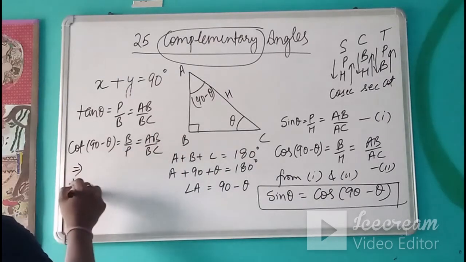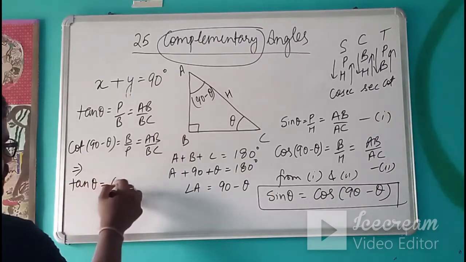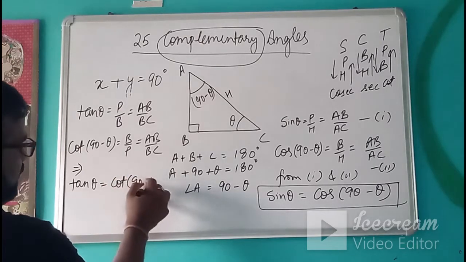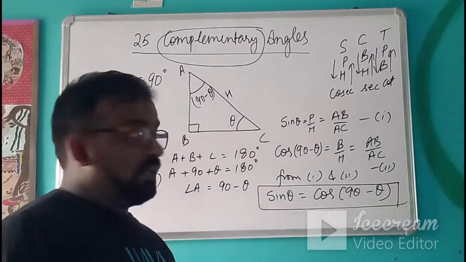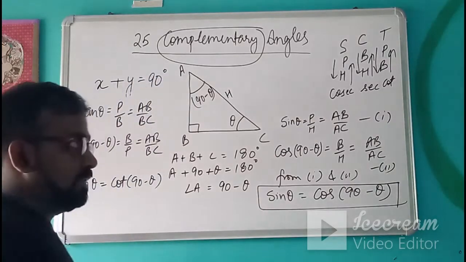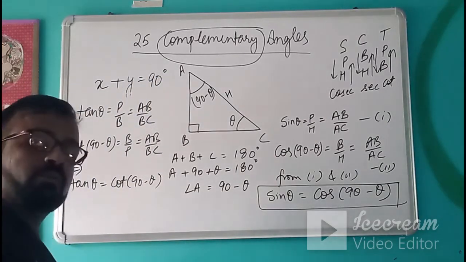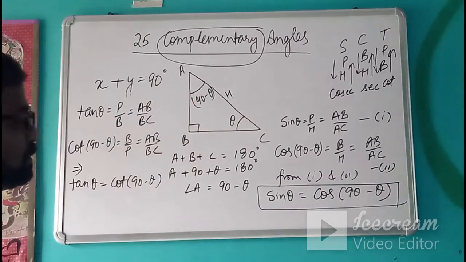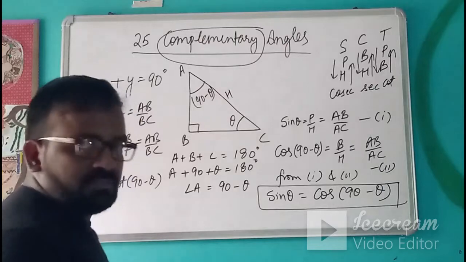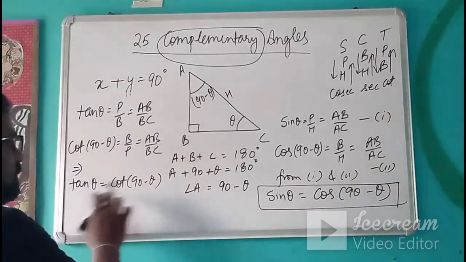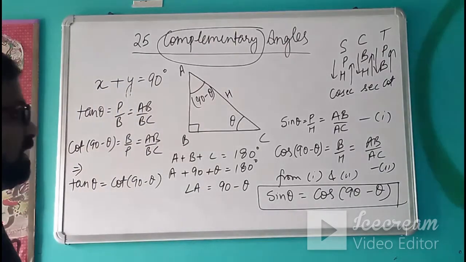So we can again see that tan of theta is equal to cot of 90 minus theta. These are the relations which we will use in this chapter to solve the questions. So sine of theta is equal to cos of 90 minus theta, and tan of theta is equal to cot of 90 minus theta.